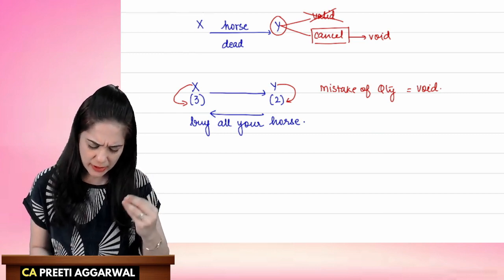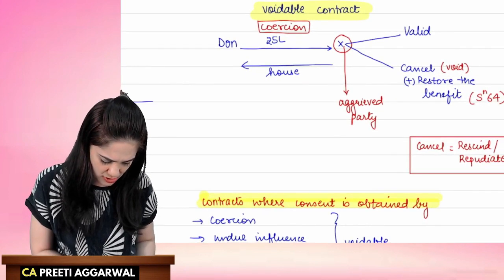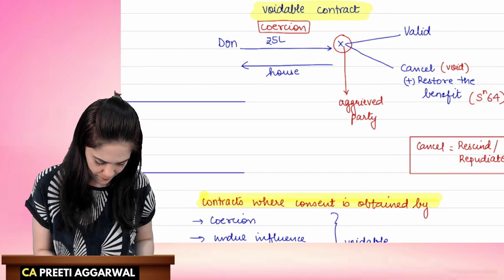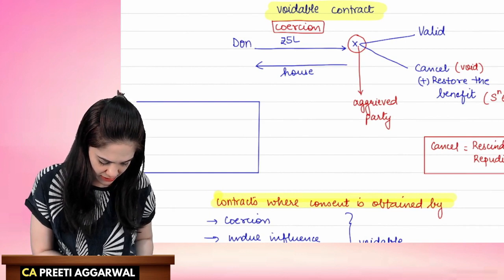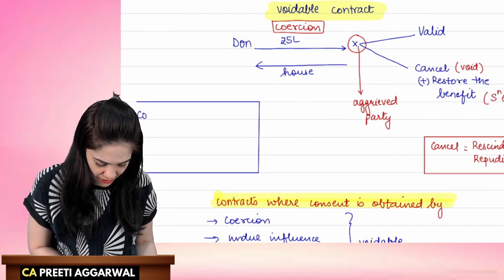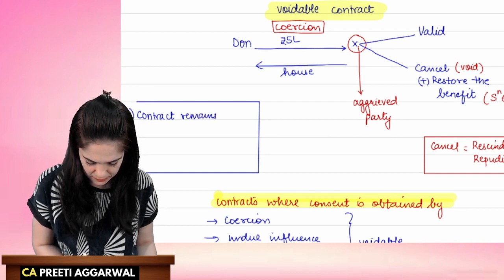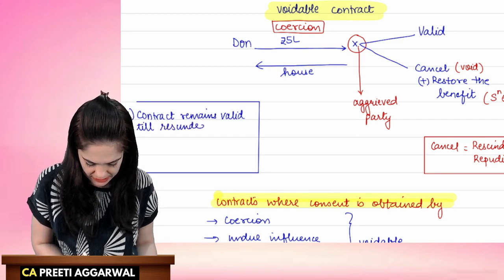There are a few other points which I want you to make a note of. So let me write those extra points over here. Okay, let me write these extra points now. Contract remains valid till rescinded.